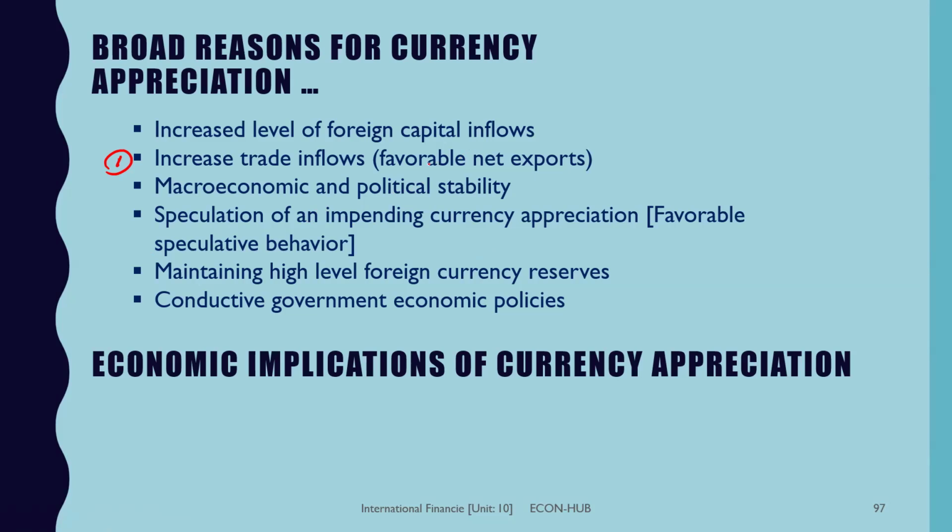I have covered imports and exports both here because it is favorable net exports. You know net exports is X minus M. So if this is favorable, that means exports have increased and imports have decreased. We'll talk about that more later on. So what needs to be added to this list?